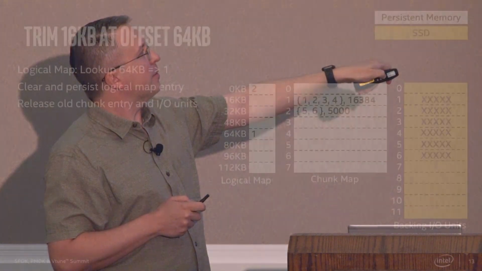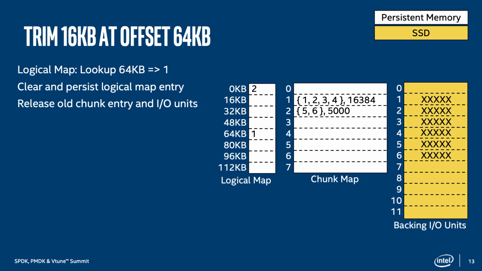Oh, yeah, trim that slot 0 in the backing unit. Really, in any of these cases, when we release a backing IO unit, we're going to be doing a trim here. I don't think I listed it in the steps. To basically release it, all we have to do is clear it in the logical map. We wouldn't technically have to trim the backing IO unit, but we will just for performance reasons.